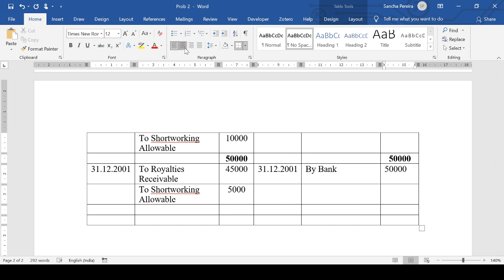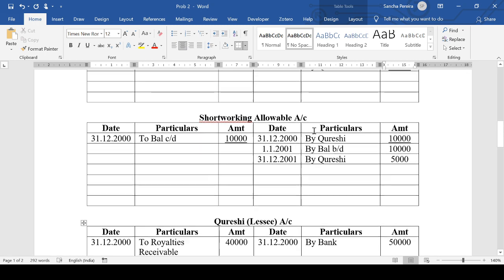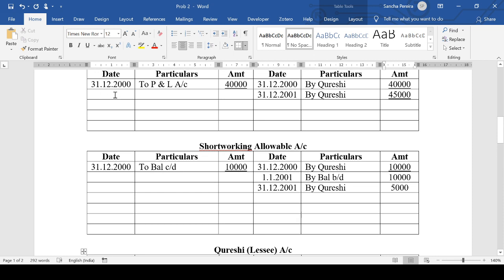The last one, transfer the royalty to the P&L account. 45,000.